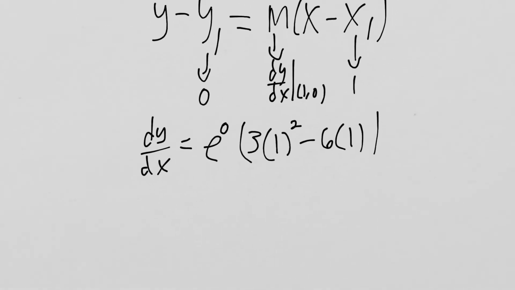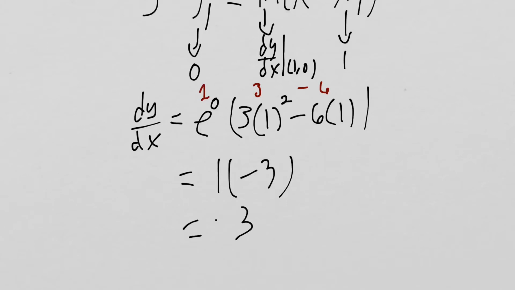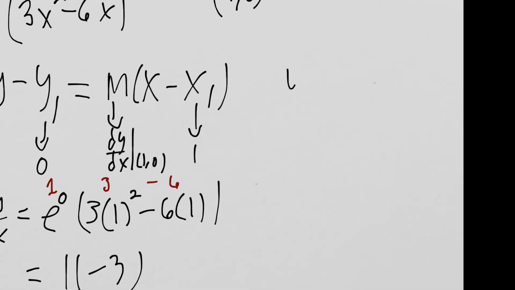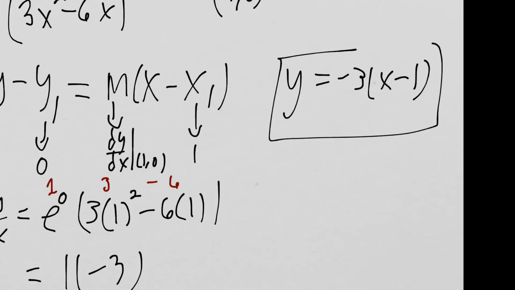Then e to the 0 is just 1, and 3 minus 6 is negative 3. So we have 1 times negative 3, which is negative 3. That's going to be our m. So we have y minus 0 equals negative 3 times x minus 1, and that's the equation of our tangent line.